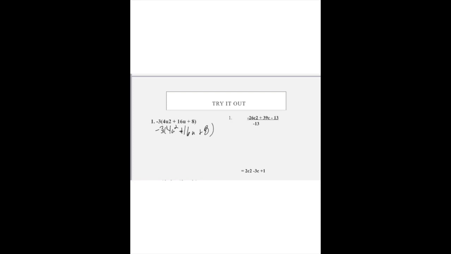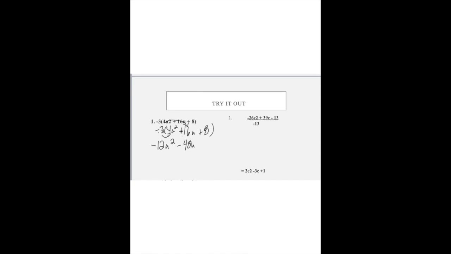In this case, -3 times 4u squared is -12u squared. That's the first step. The second step is -3 times 16. 3 times 16 is 48u, and being that we have a negative times a positive, we end up with a negative.